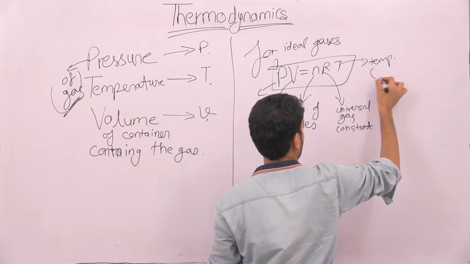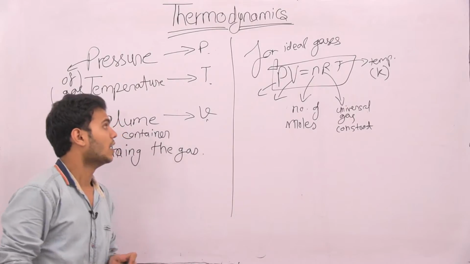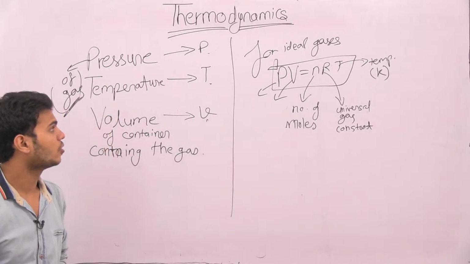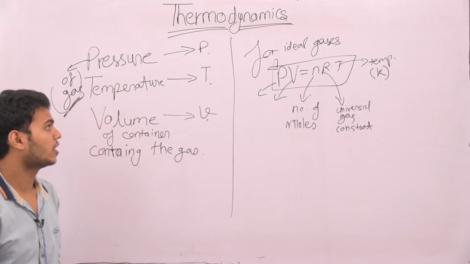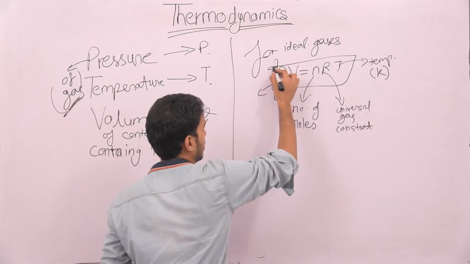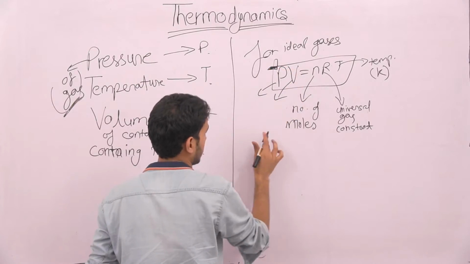Mind you, temperature here is in Kelvin. So if we have a gas and we know its pressure, volume, number of moles and temperature, so we can simply verify the equation if it is an ideal gas.